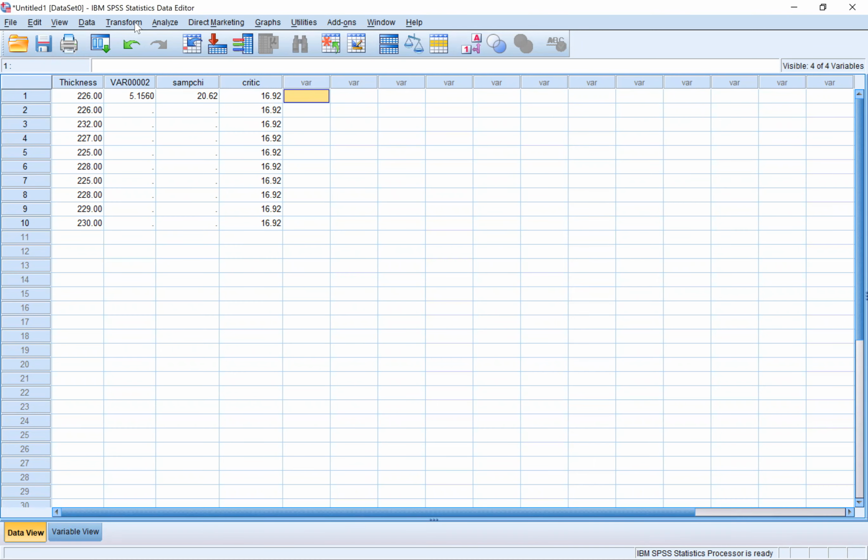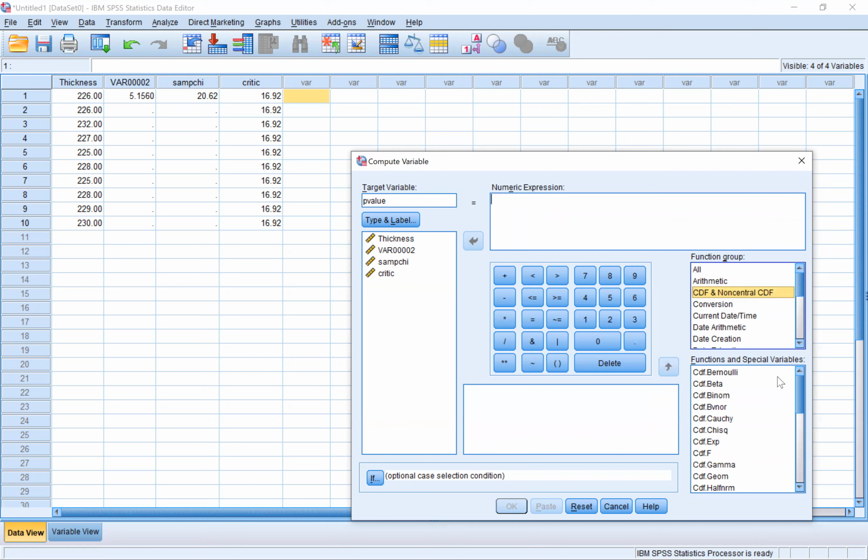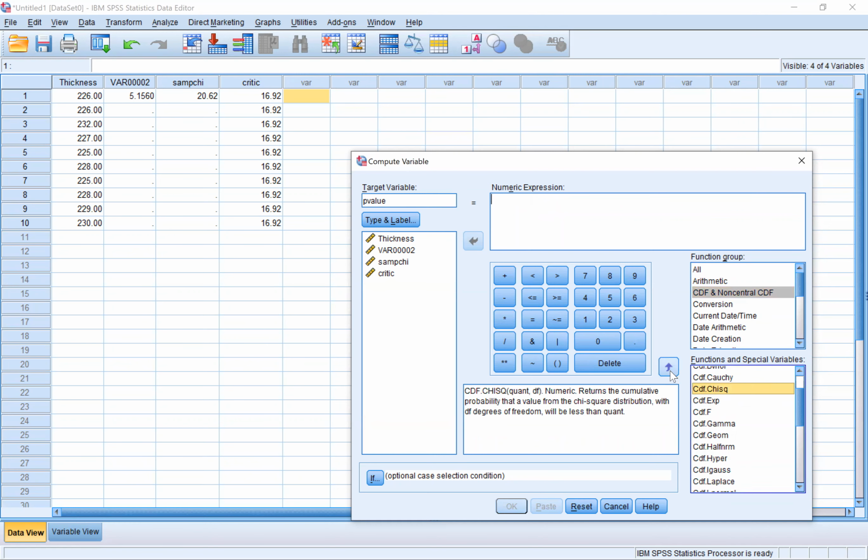And this time, let's call it p-value. This time I'm computing a probability, so it's not the inverse distribution, it's the cumulative distribution. Cumulative distribution of chi-square, which is given here. And my quantity is 20.62.